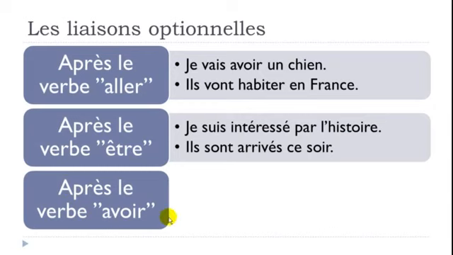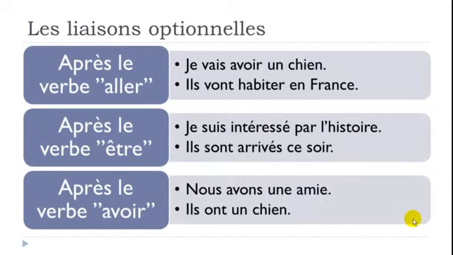Après le verbe avoir, it's exactly the same rule. Nous avons une amie, or then nous avons une amie. Ils ont un chien, or if you want to make the liaison, ils ont un chien.